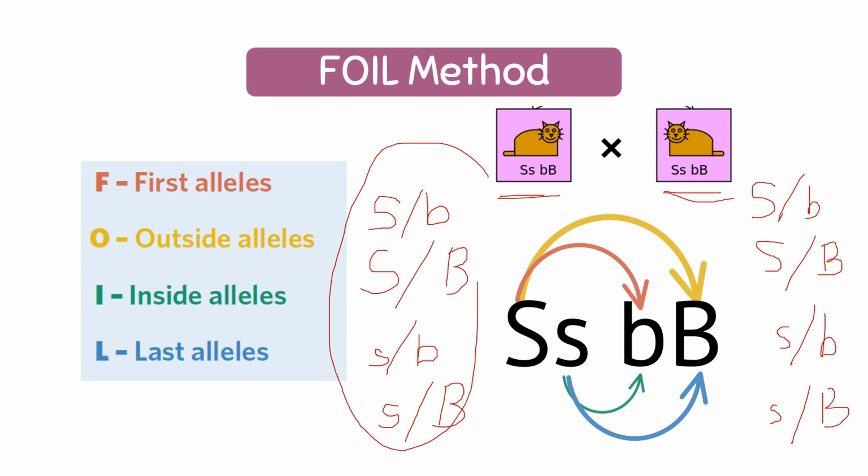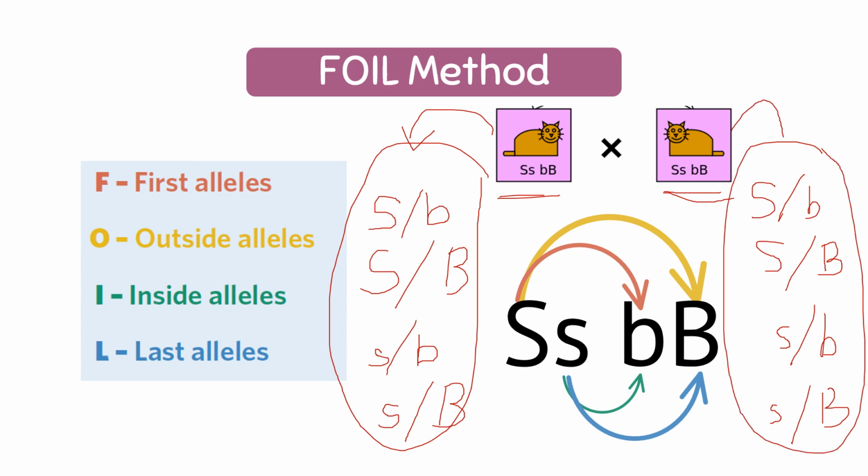So these are the possible gametes that this first parent could pass on, and these are the possible gametes that the second parent is going to pass on. And this is what you're going to put at the top and down the side of your dihybrid cross Punnett square, which I will show you on the next slide.